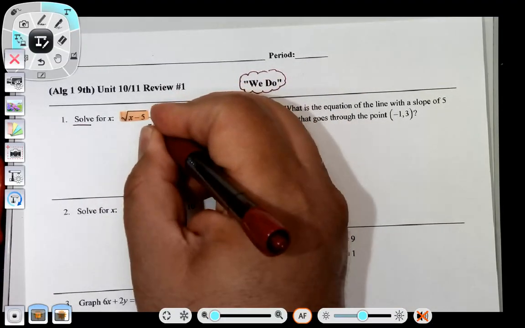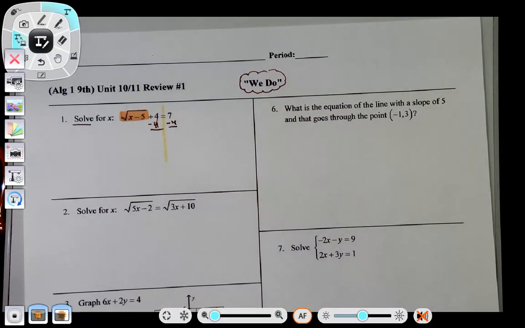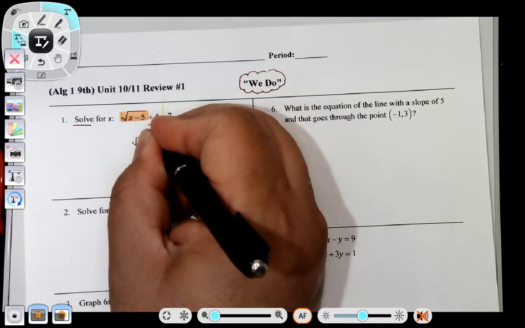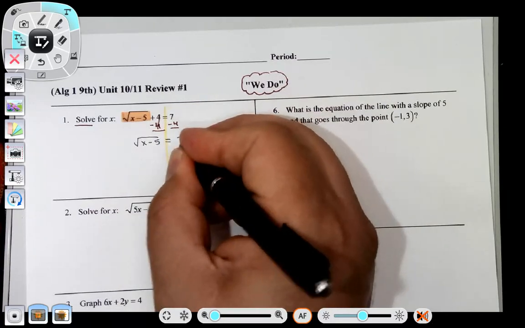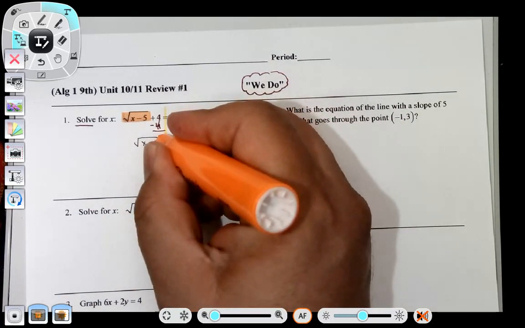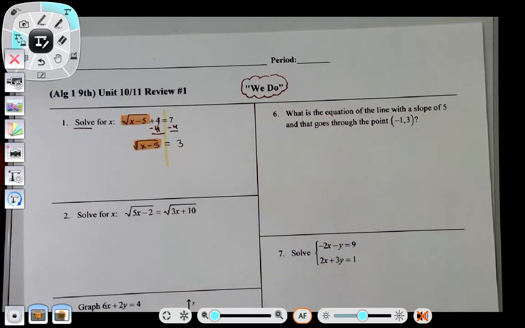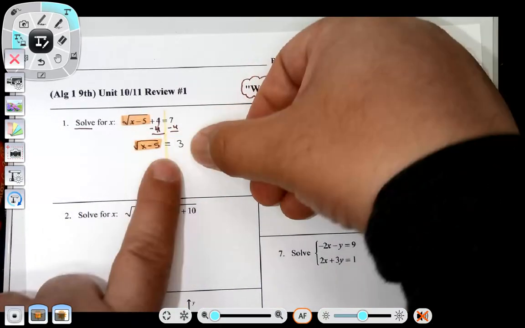So I'm going to subtract a 4 from both sides, leaving me with the square root of x minus 5 is equal to, and 7 minus 4 is just a 3, but this is what we needed to look at. The fact that when I look at this and I say, all right, well, is there anything else in front of it? No. Remember, I'm covering the equals.